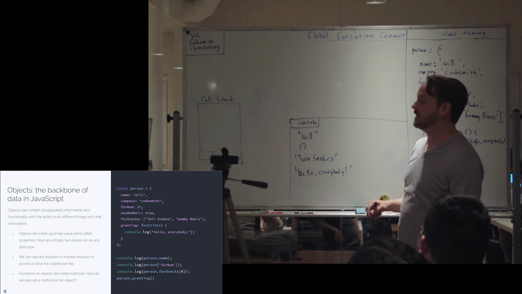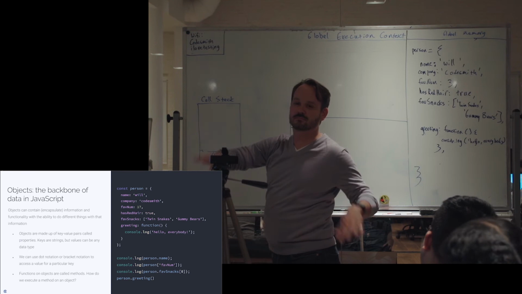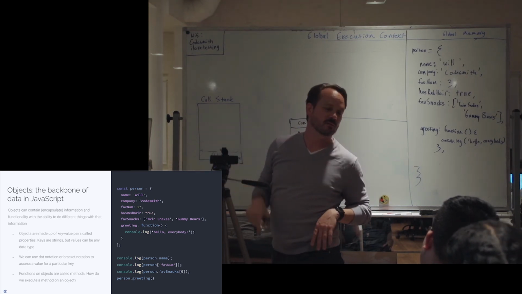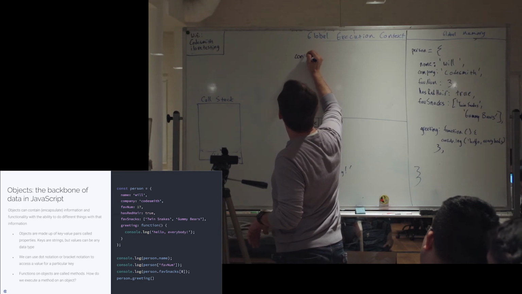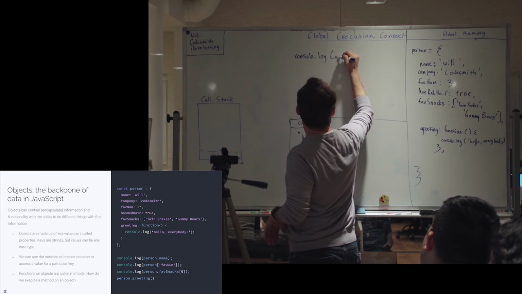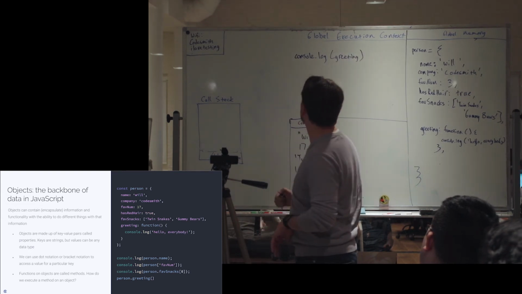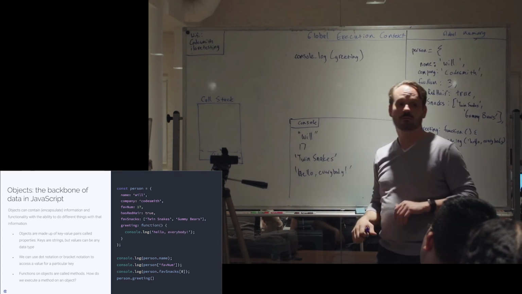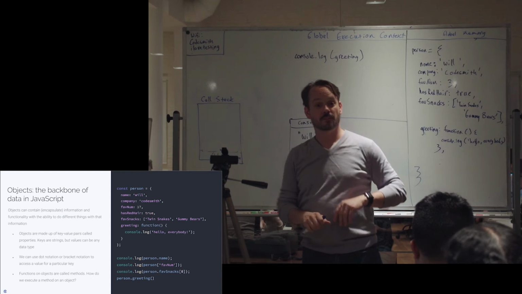So let's just say I added something to the very bottom line. The next line says console log greeting. What's going to happen? You think it's going to be an error? Isn't that just how to check it?